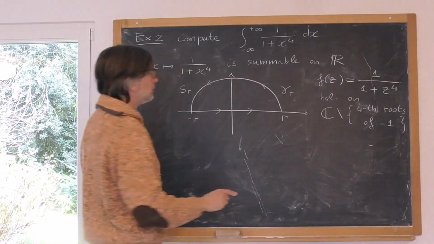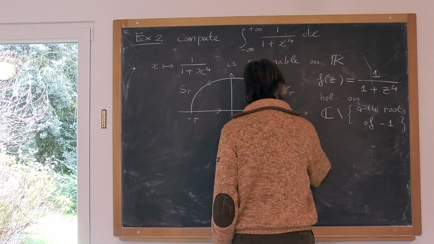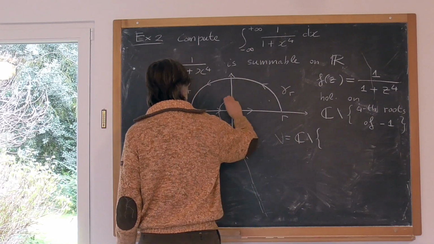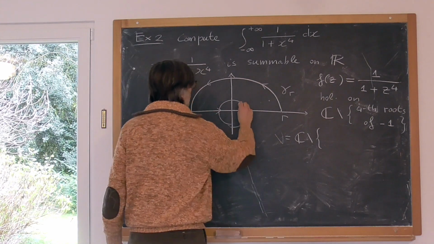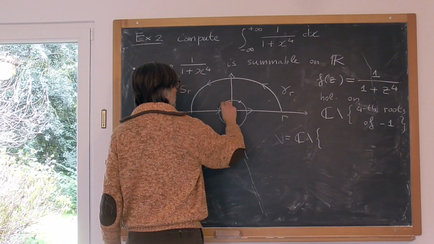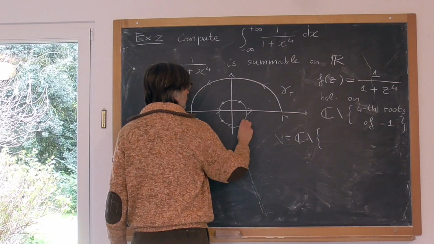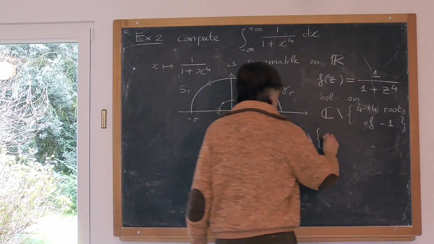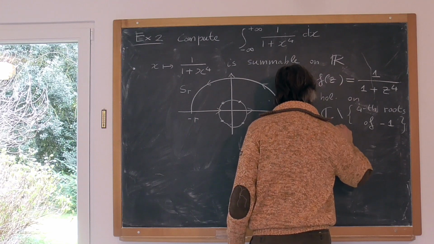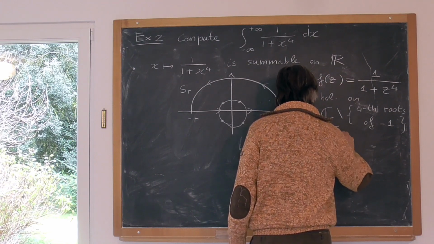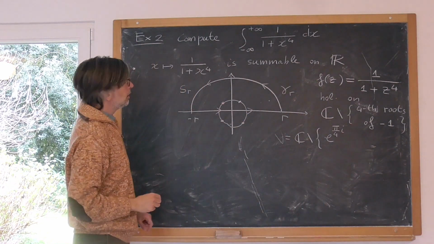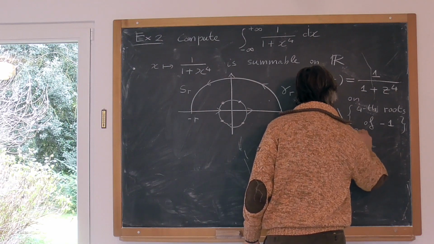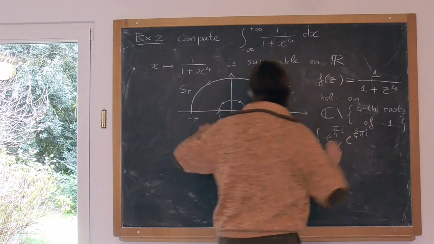The fourth roots of minus 1 are, so this is C minus, so let me draw the four. This is the unit circle here. One is here, one is here, one is here, and one is here. These are the fourth roots of minus 1. So they are e to the iπ/4, this is this root. And then we have this one, e to the 3iπ/4.